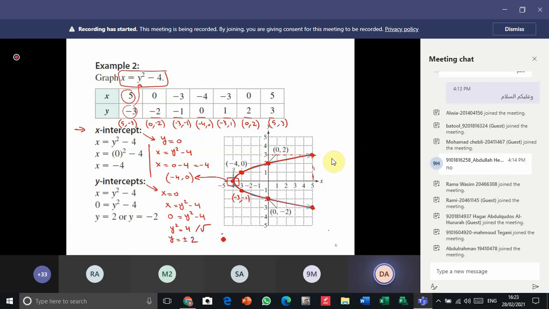So we have 0 with plus or minus 2. This means 0, 2 and 0, negative 2. We have 2 y-intercepts, this one and this one.